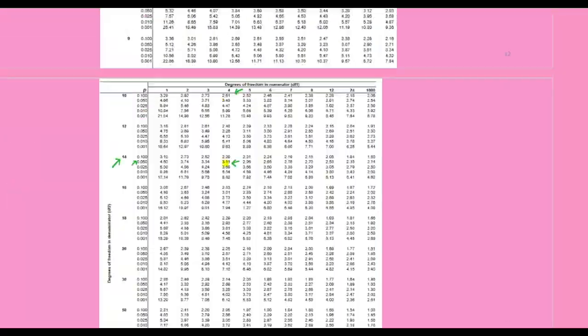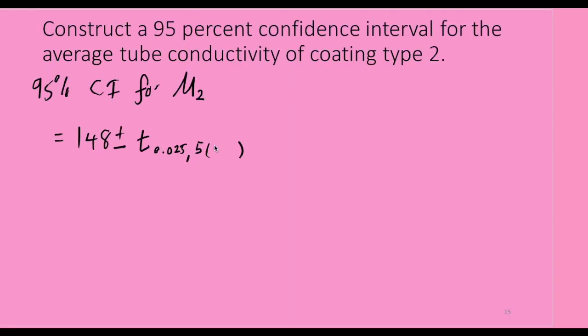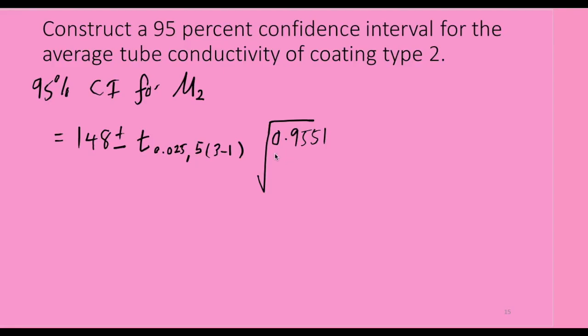What is N2? N2 would be 1, 2, 3, right? So it will be 3 minus 1. Square root of MSE, I have here the value of MSE, which is 10.9551, divided by Ni, okay? So this will be 3, similar to the one here, right?